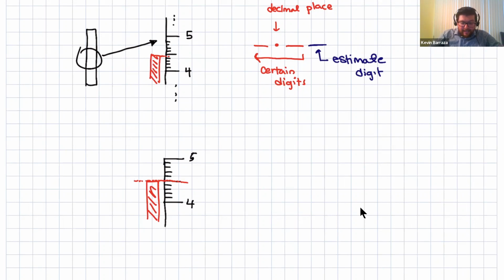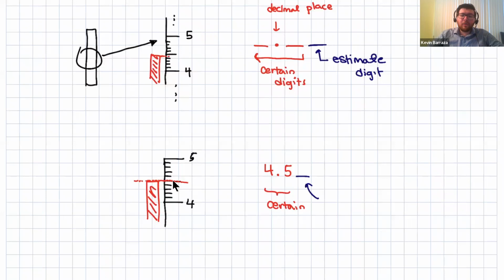Well, we're going to do the exact same thing we've been doing. We use the tick marks to get as much information as possible. So it's right here. Because it's between the 4 and the 5, it's 4.1, 0.2, 0.3, 0.4, 0.5. 4.5 is certain. But because of our previous discussion, we need to go one more place.